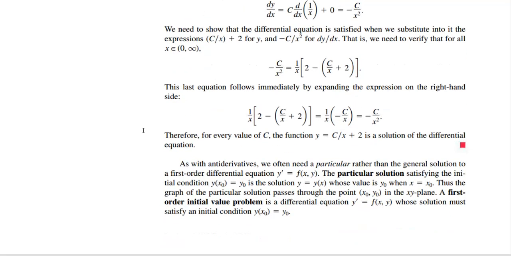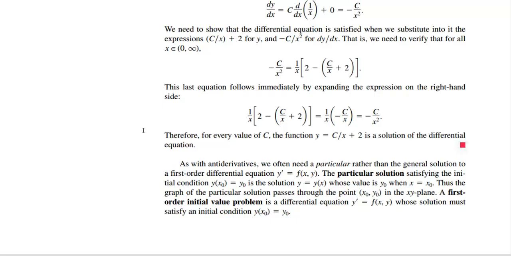Just like with antiderivatives, we often need a particular solution rather than the general solution to a first-order differential equation y' = f(x,y). The particular solution satisfying the initial condition y(x0) = y0 is the solution y = y(x) whose value is y0 when x = x0.